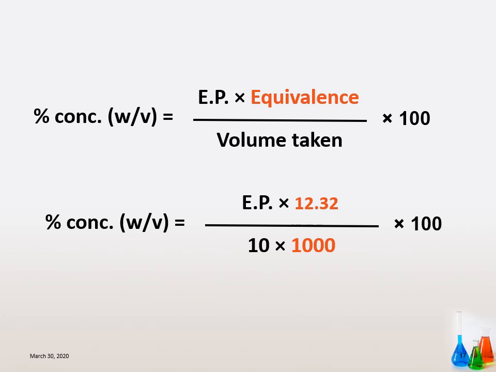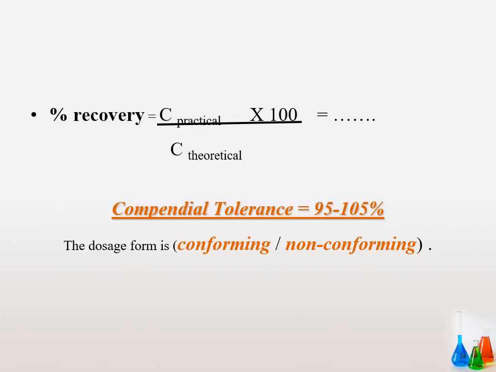The endpoint we get from the burette, and the equivalence equals 12.32 divided by 1000 in gram per ml, and the volume taken equals 10. So after calculation, this obtained concentration is called the practical concentration.